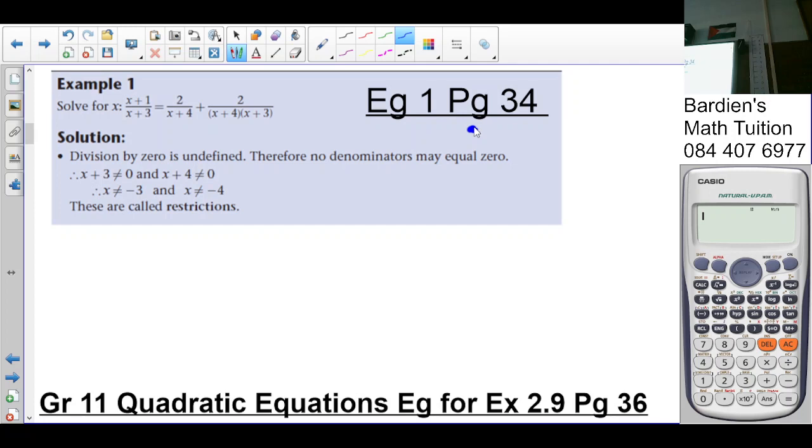Okay. Secondly, when you look for the LCM, in this case the denominators are factorized. So what is my LCM here?